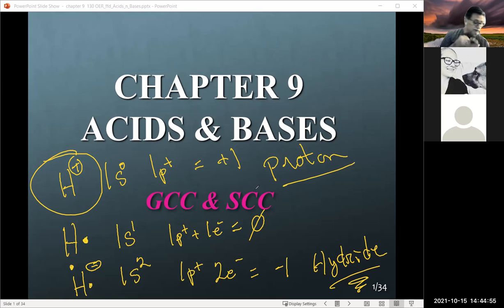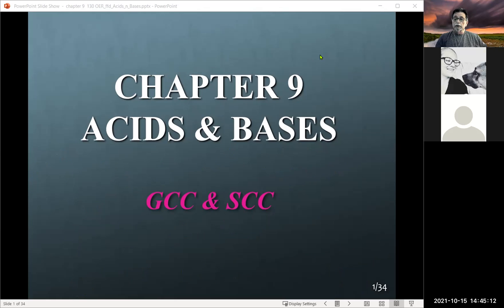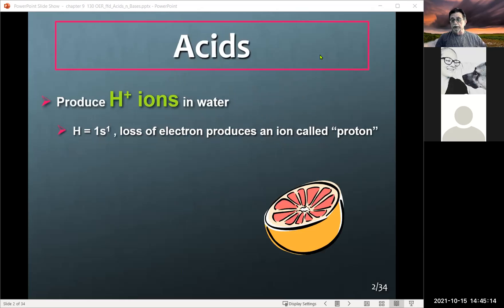This is what we call a proton. This is the acid part of a chemical that is called an acid. An acid is any chemical that, when dissolved in aqueous solutions, produces a proton. I also mentioned that an example of an acid would be hydrochloric acid, and this is a covalent compound.